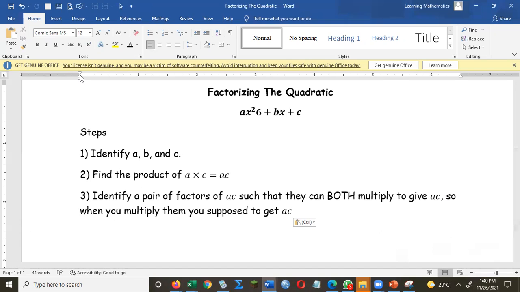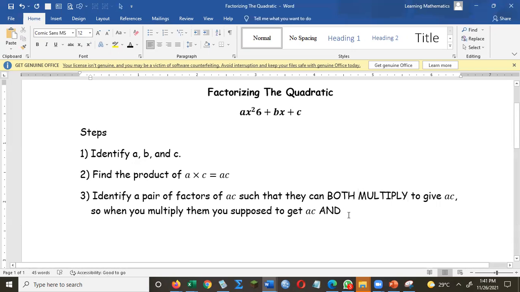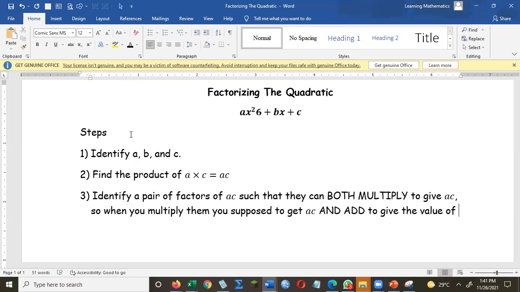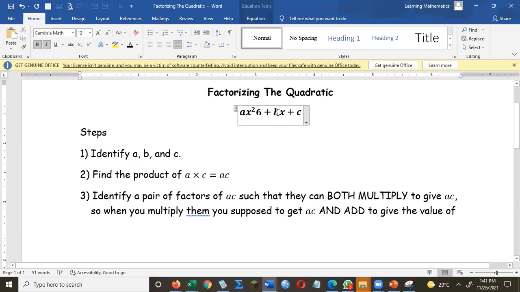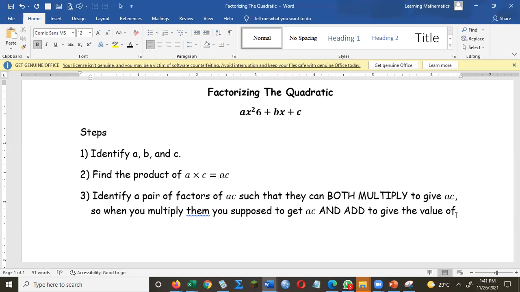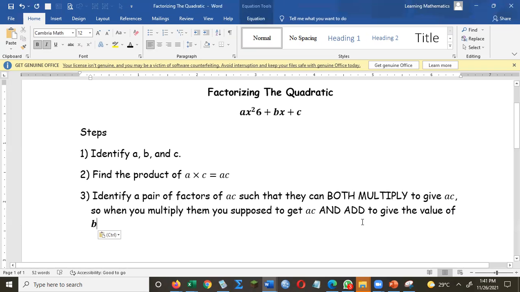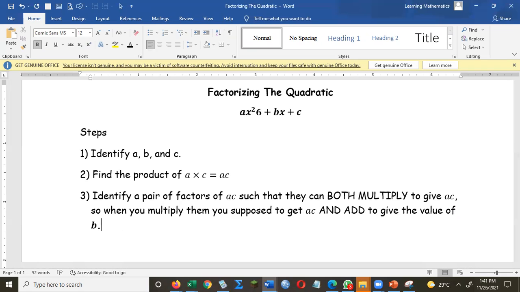So therefore, those two factors must both multiply to give you AC and add to give the value of B. So when you multiply, you must get AC.